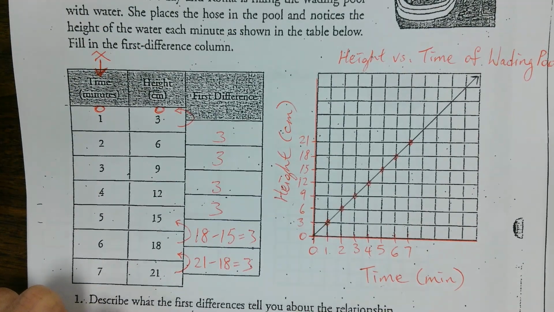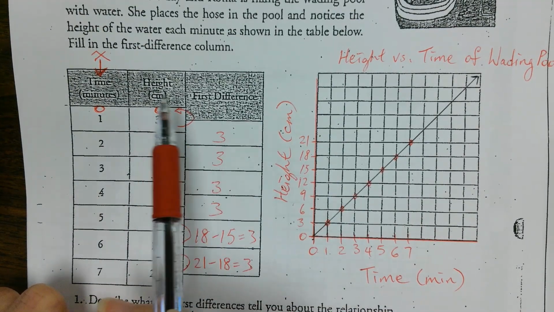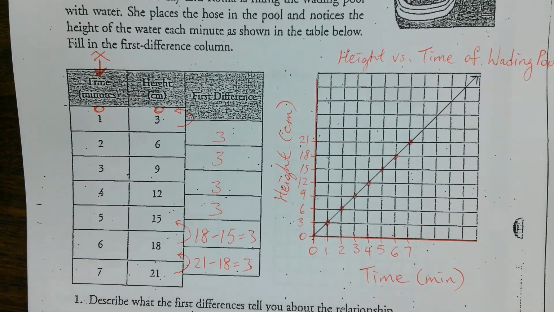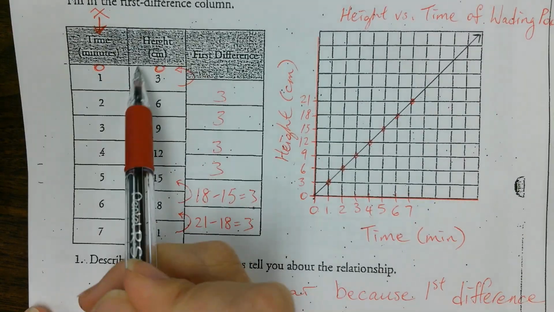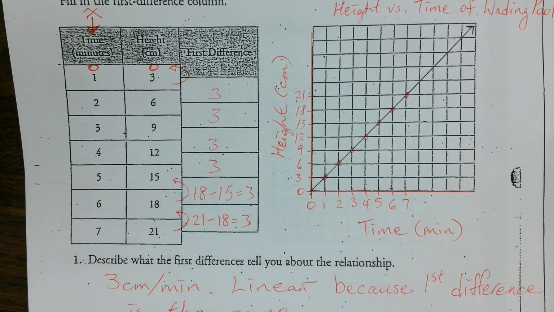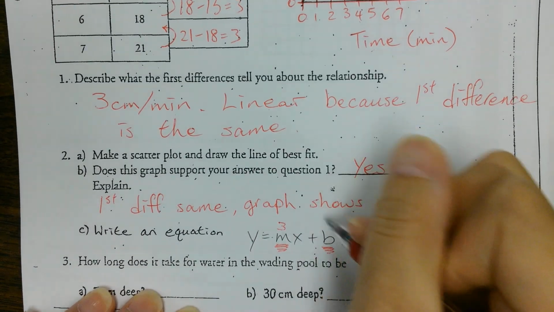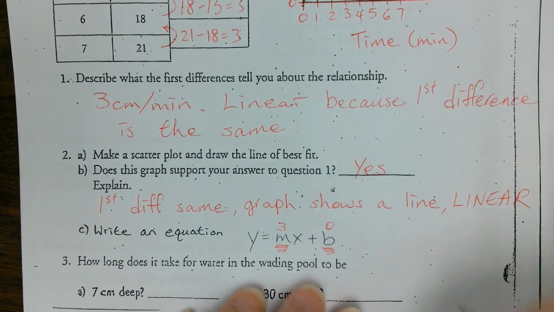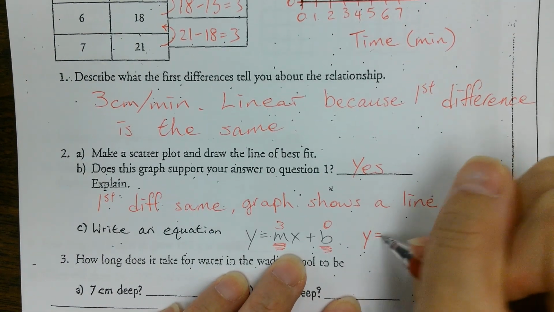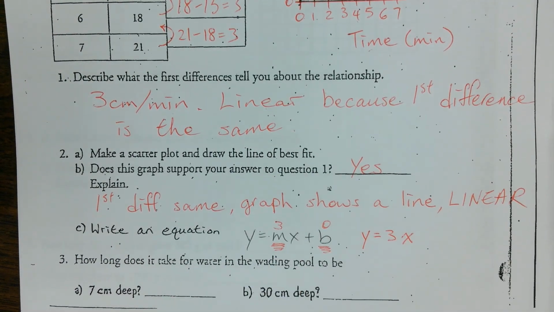EQAO loves to ask that, where you have to go backwards one more row or 5 rows and so forth. So keep that in mind. Even though your table doesn't show it, sometimes you have to go backwards yourself. Okay, so b is 0. Therefore, giving us the equation y equals 3x plus 0, or simply y equals 3x.